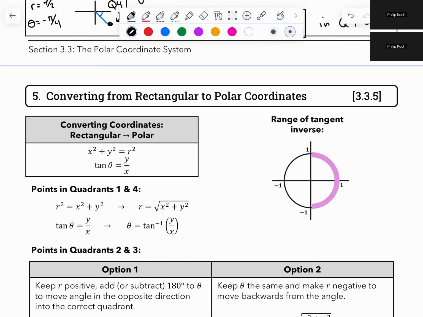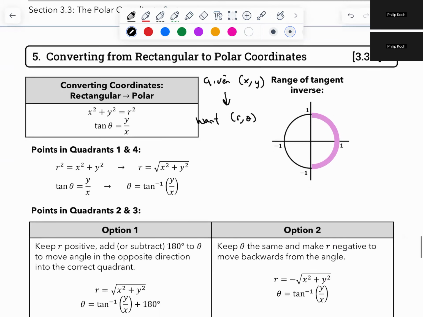Okay. So how do we go about finding a point if we're going backwards? That means we're given x comma y, and we want r comma theta. In essence, the reason it's going to be that x squared plus y squared is equal to r squared and tangent of theta is equal to y over x, I'd like to show.